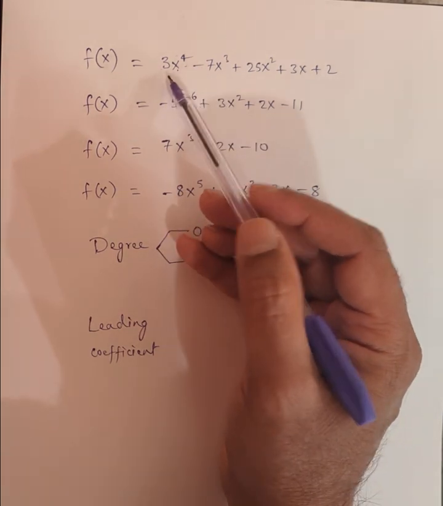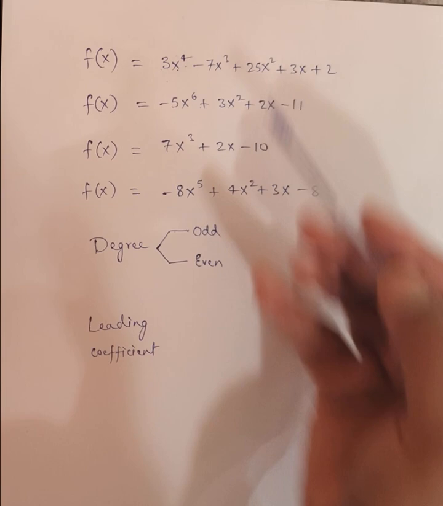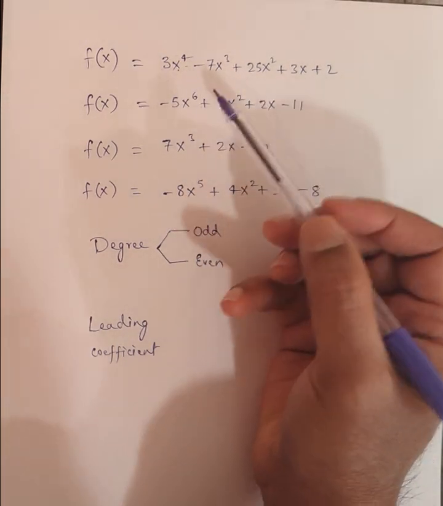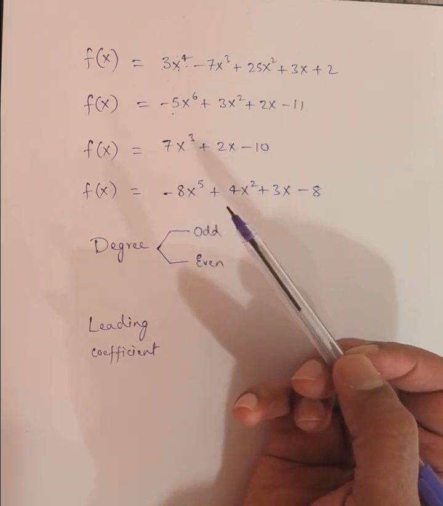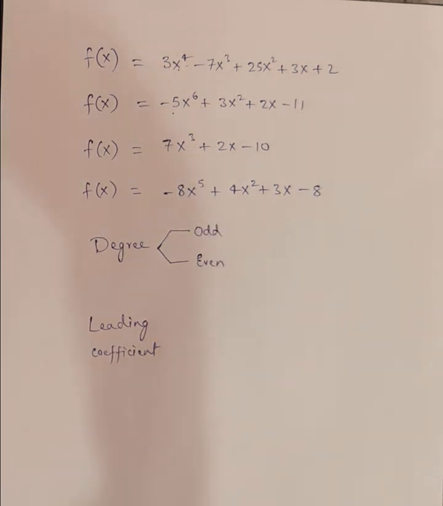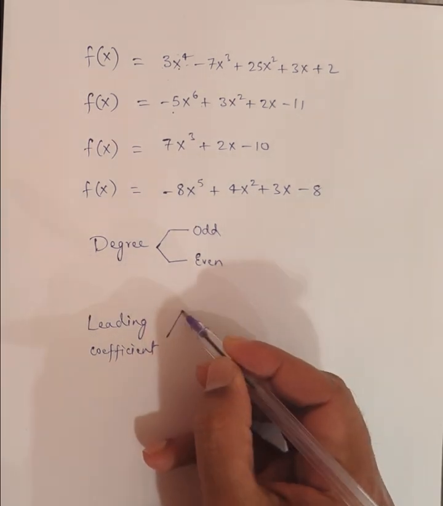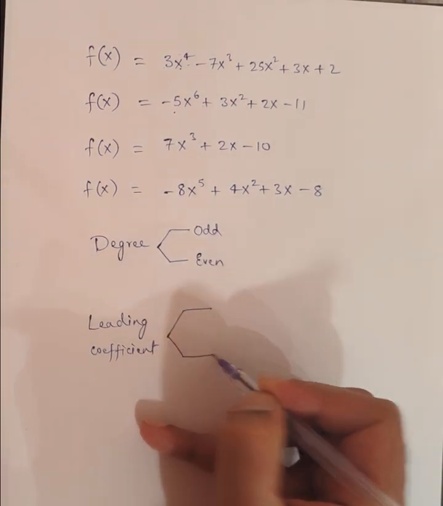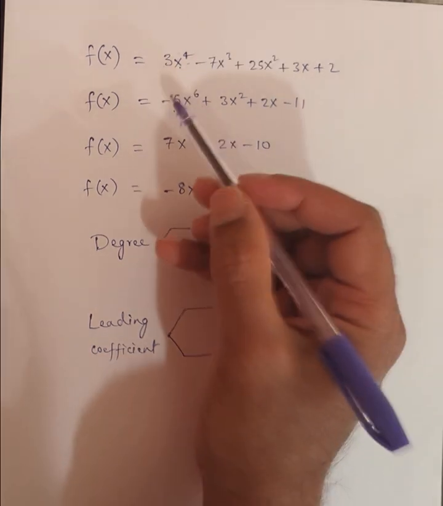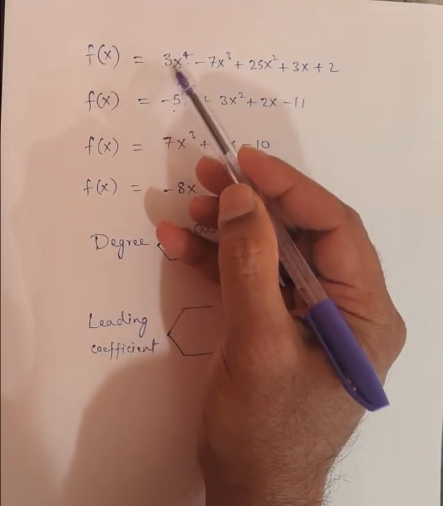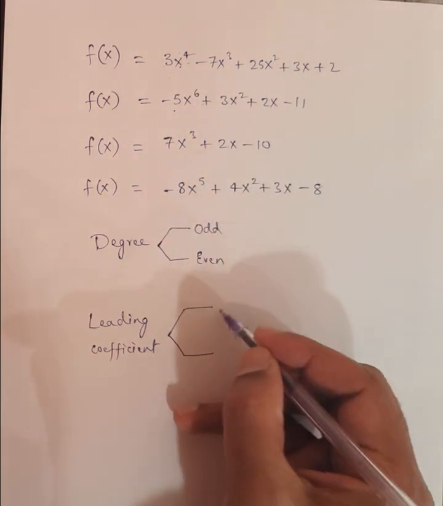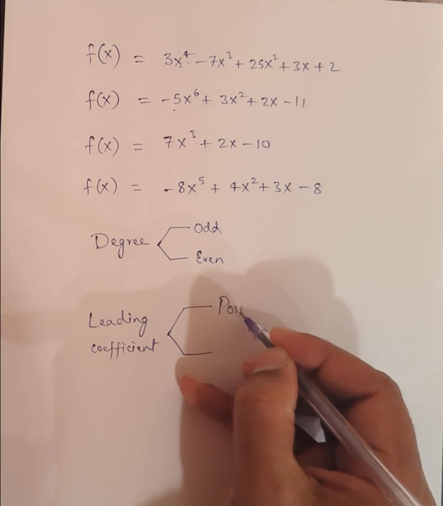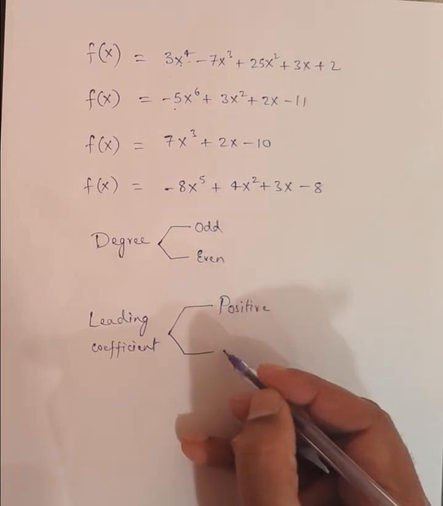Here the leading coefficient is 3. Here it's negative 5, here it's positive 7, here it's negative 8. The leading coefficient can never be 0. Whether it's even or odd is immaterial. What we care about is whether it is positive or negative. So the leading coefficient could be either positive or negative.